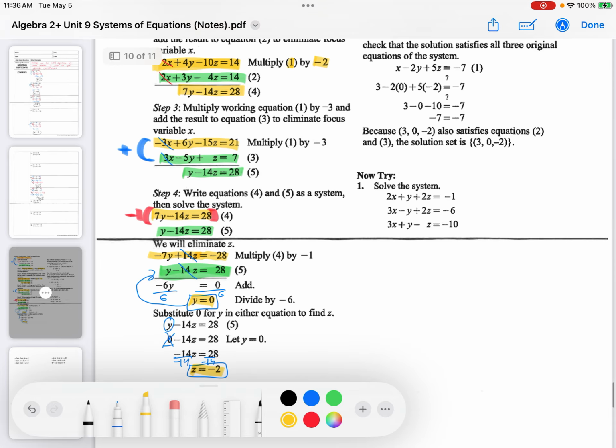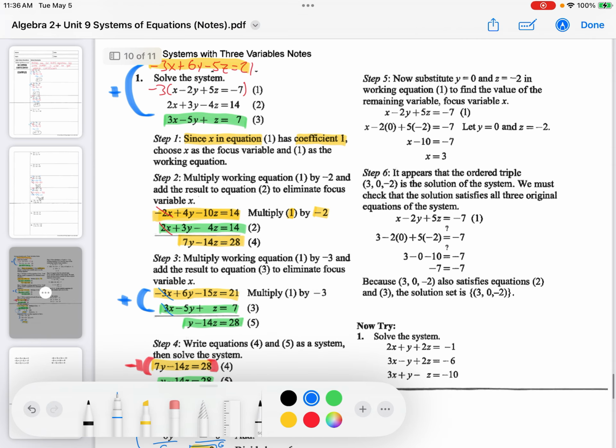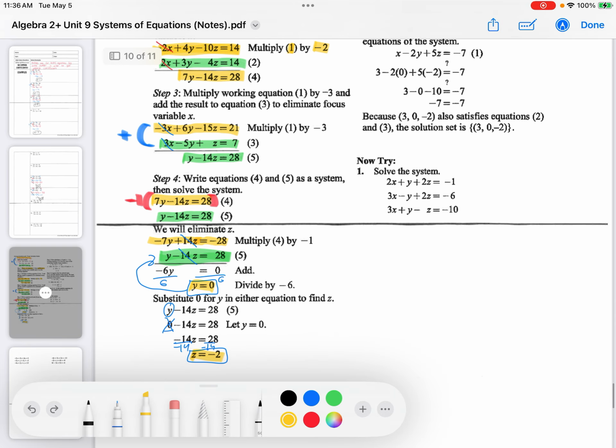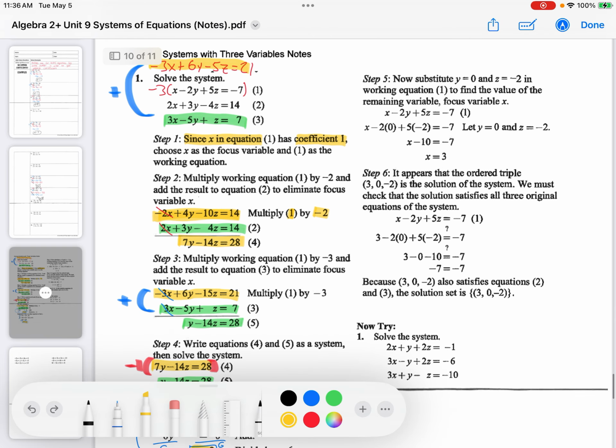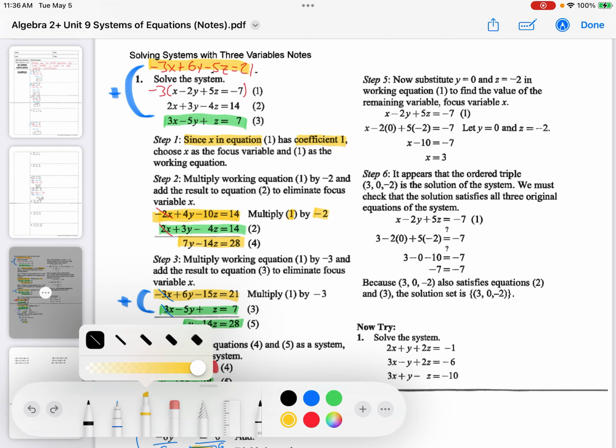So now we can go all the way back to our original 3 equations, the ones we started with way up here, and use both the numbers for y and for z in one of the equations. It looks like they take the first equation and substitute in y equals 0 and z equals negative 2, and solve for x.